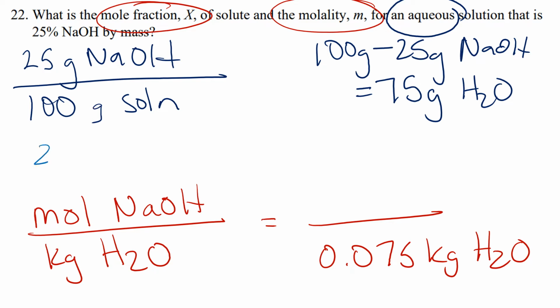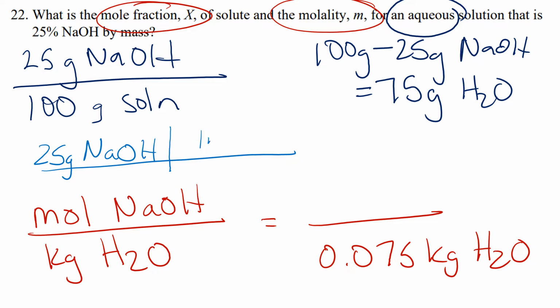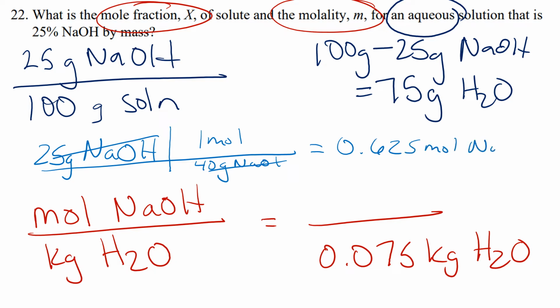I know the molecular weight of NaOH is 40, so 1 mole divided by 40 grams of NaOH will cancel out those grams, and I'm left with 0.625 moles of NaOH, and that's going to go down here, and now I can actually find our molality.